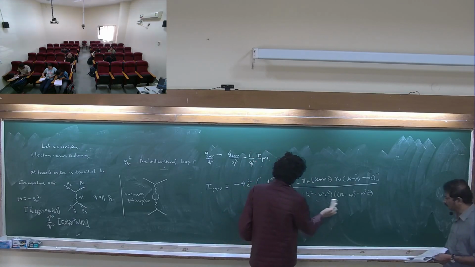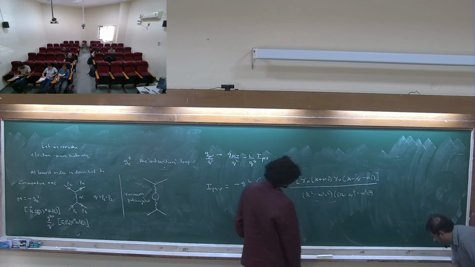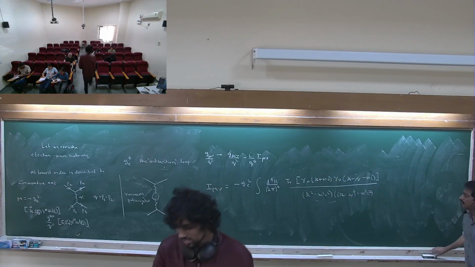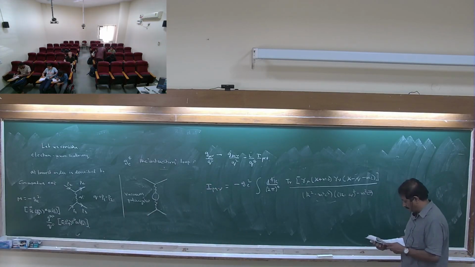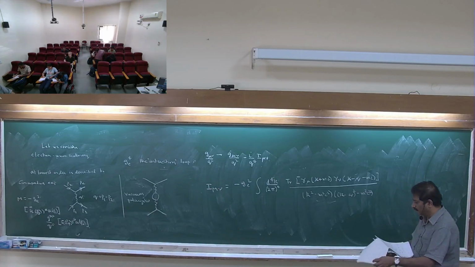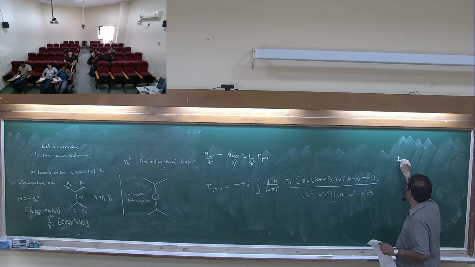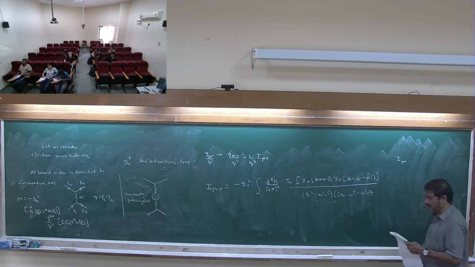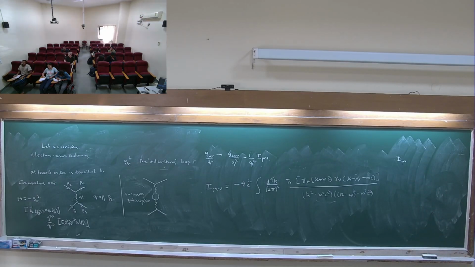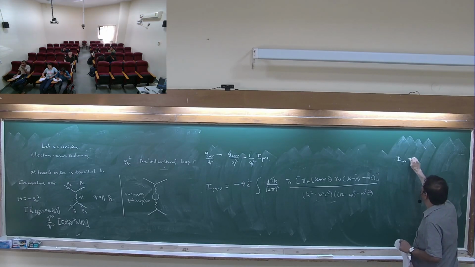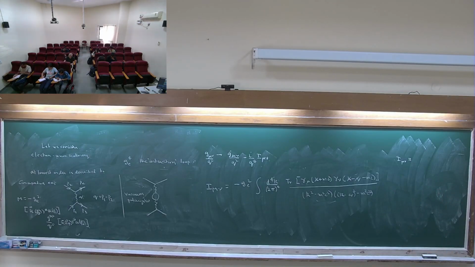But it turns out that in practice, what really plays a role is not that badly divergent, but rather this I mu nu. Let us try to give it a decomposition in terms of the only vector we have in hand. What is the only vector we have in hand in this particular thing?